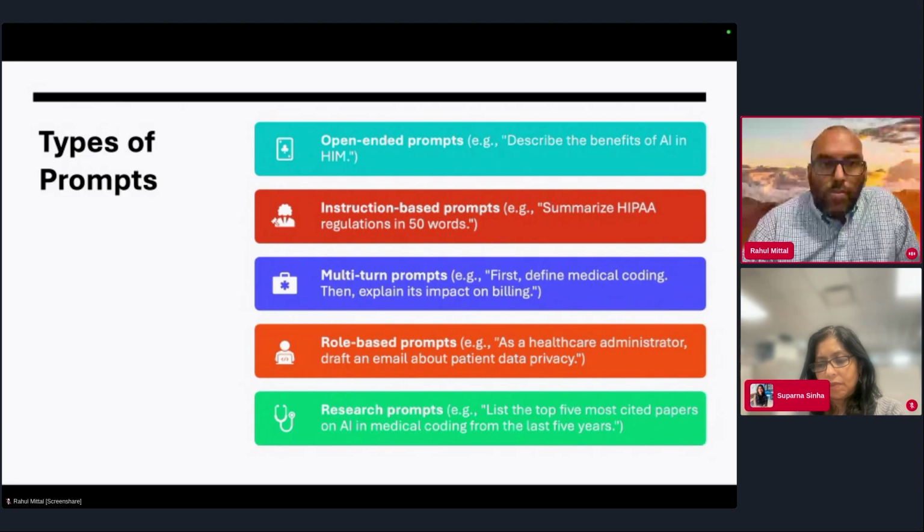So as I've explained, health information management involves handling large amounts of structured and unstructured data, ensuring compliance with regulations and supporting clinical and administrative workflows. AI can assist with these processes by extracting key insights from medical records, automating data entry, and providing decision support.